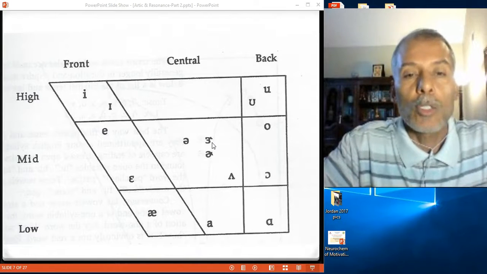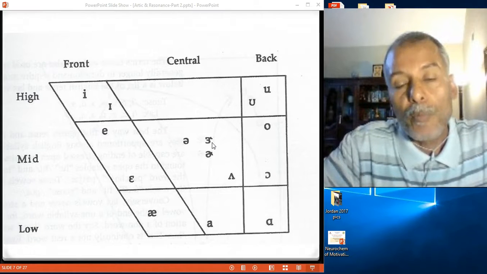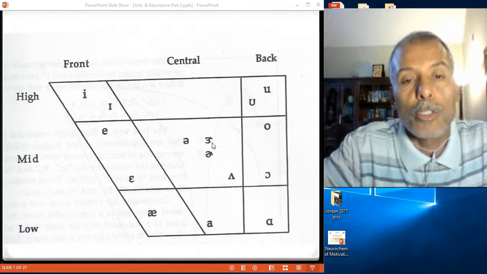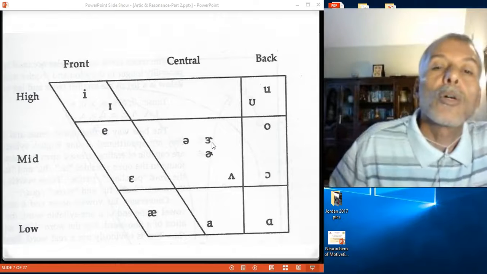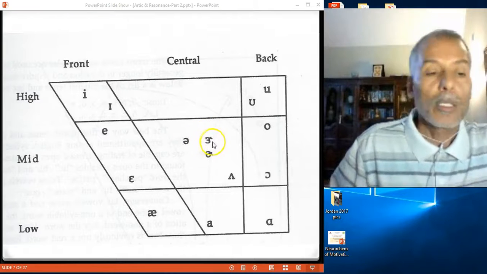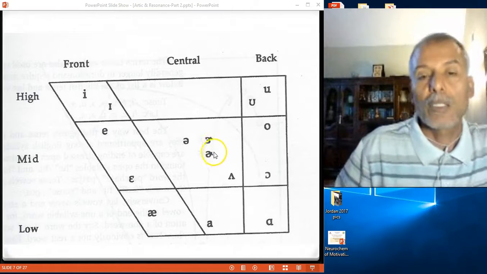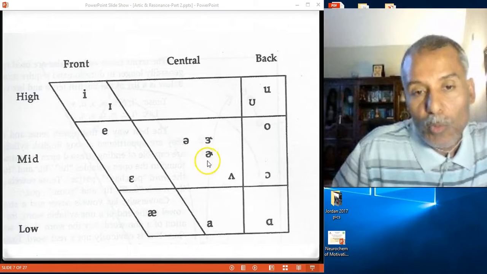Sometimes UR as in cure, or heard. So it takes different forms of spelling, but it is the hard schwa sound, or the tense schwa sound.